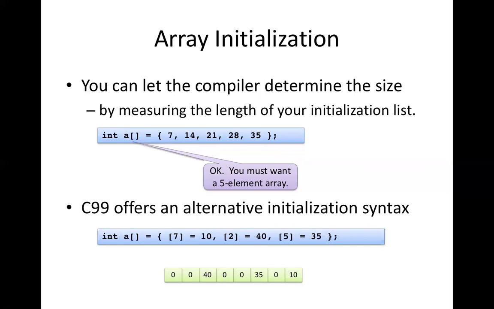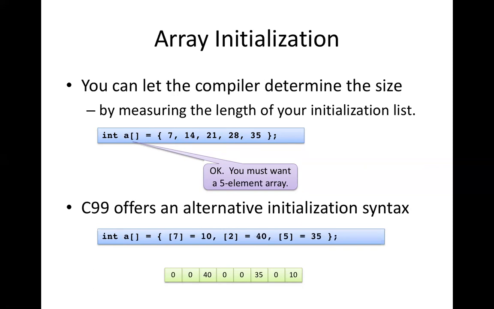Normally in C, when you declare an array, you have to pick the size for it. But in this case up here, if I'm giving 5 elements, the compiler is smart enough to say, you gave me 5 initialization values, you must want a 5-element array. So you can use the initialization expression to pick the size of the array if you want.